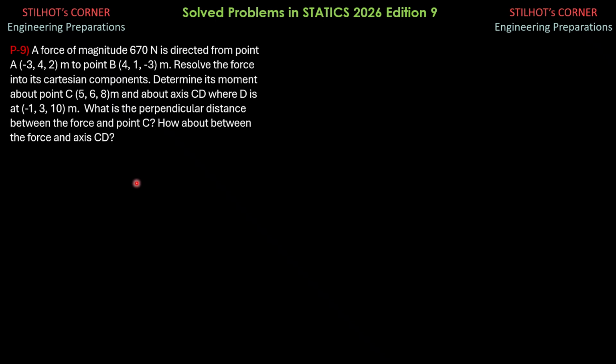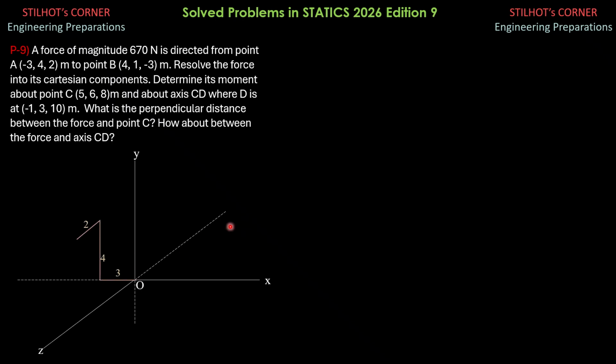So to help visualize the situation, we have to plot these points so that we can analyze. So first, point A at (-3, 4, 2) as shown. Then point B at (4, 1, -3).